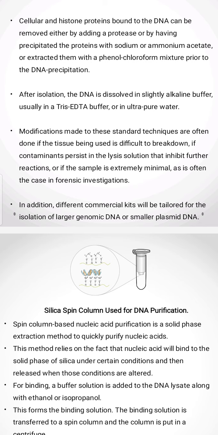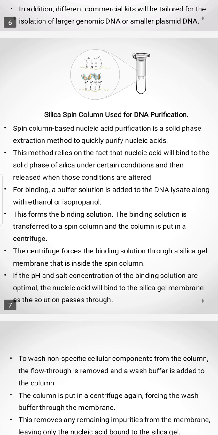In addition, different commercial kits will be tailored for the isolation of larger genomic DNA or smaller plasmid DNA. Spin column based nucleic acid purification is a solid phase extraction method to quickly purify nucleic acids.